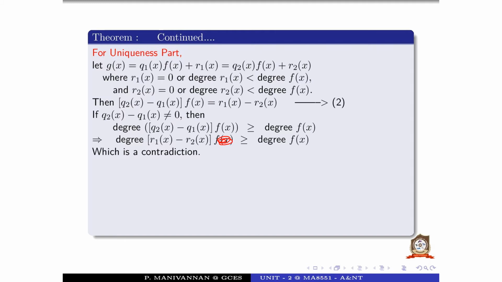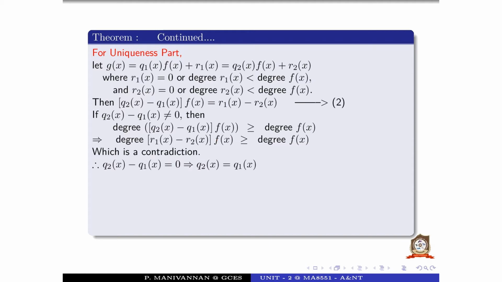Therefore by this result, degree of r1(x) - r2(x) is greater than or equal to degree of f(x), which is a contradiction. Why? Degree of r1(x) is less than degree of f(x), and these degrees are less than, so its subtraction is also less than degree of f(x). But here it is greater than or equal to, so it is a contradiction.